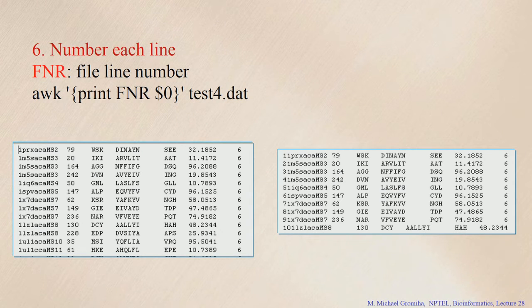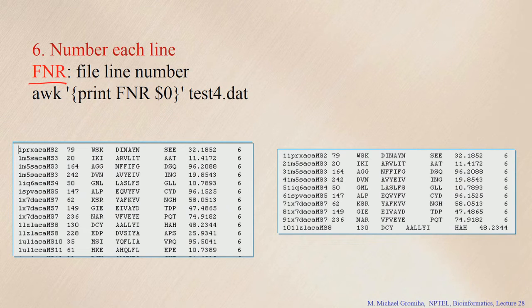Okay, the next question: I have a file and I want to number each line. What do we have to do? Here we have the variable FNR. FNR gives the file line number, so for each line it gives a number.